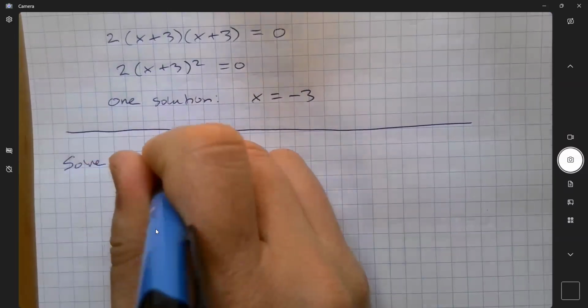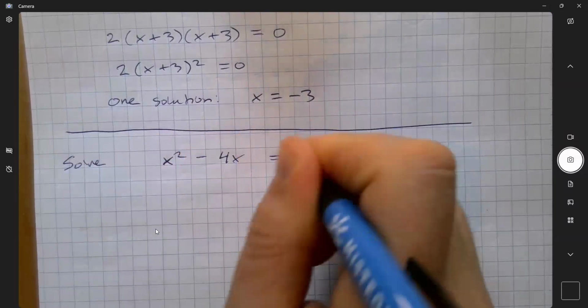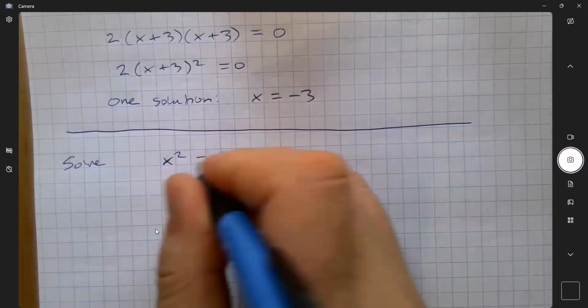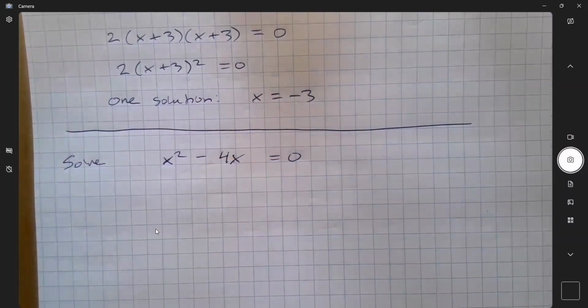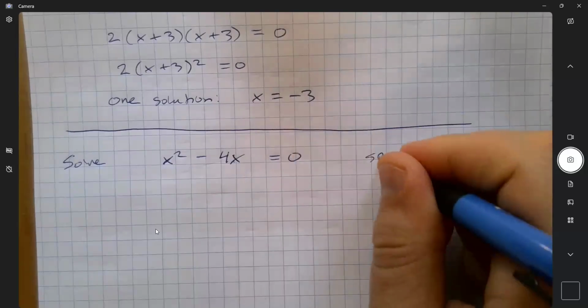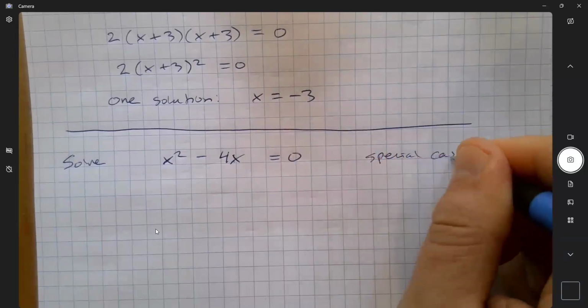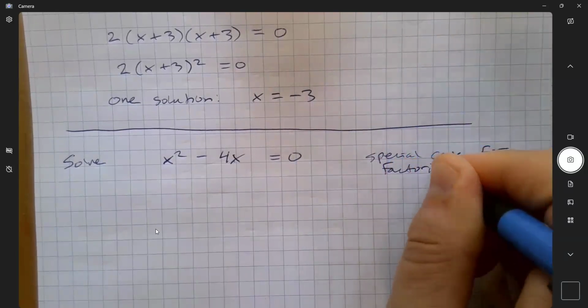Let's solve x squared minus 4x equals 0. And so we might ask, how do we go about factoring x squared minus 4x? The box method would work, but this is kind of a special case for factoring. And we have done this before, but not in this context.